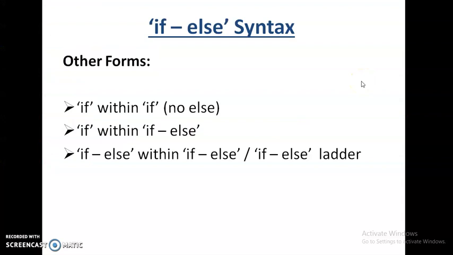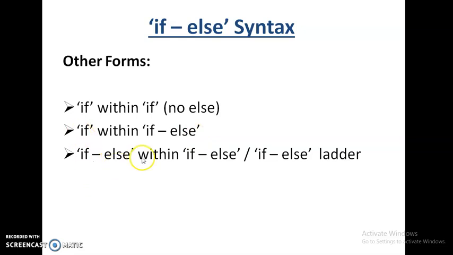There are other forms of if-else syntax that a programmer uses as per need. The first form is if within if, without else. We can write multiple if statements one below the other. The second form is if within if else: we can write if else and within the else part of it we can write one more if.